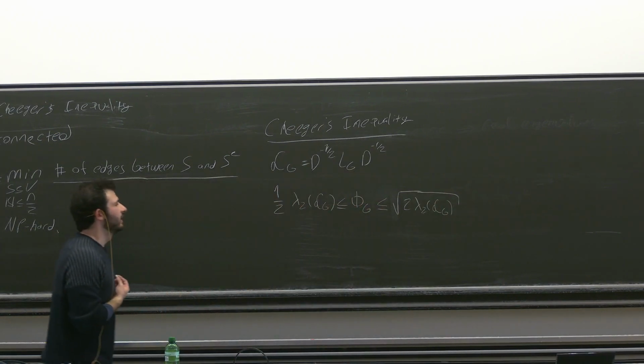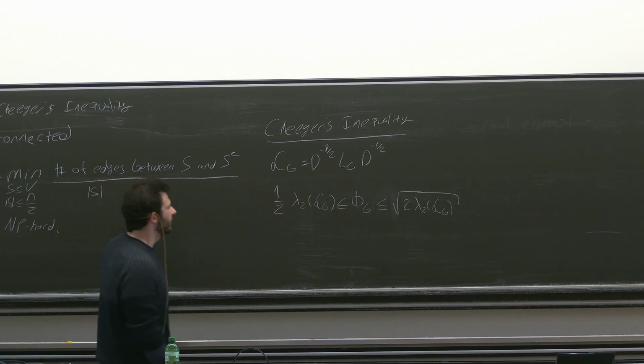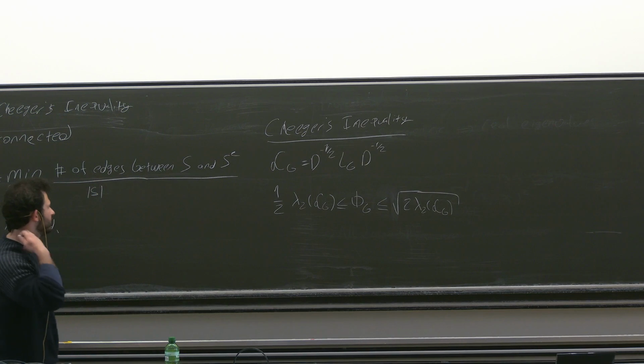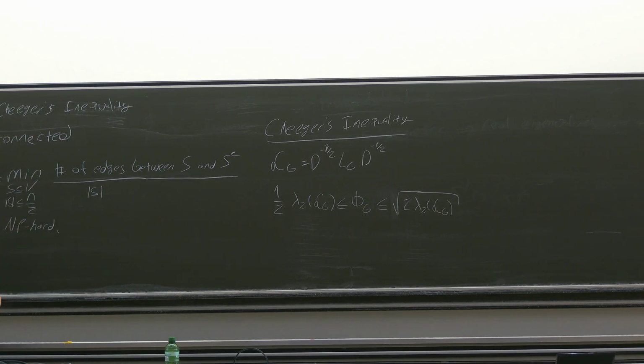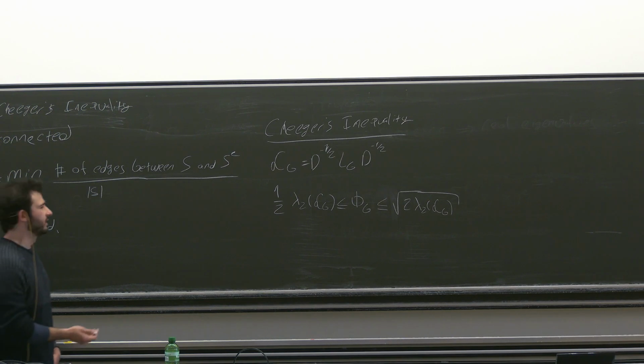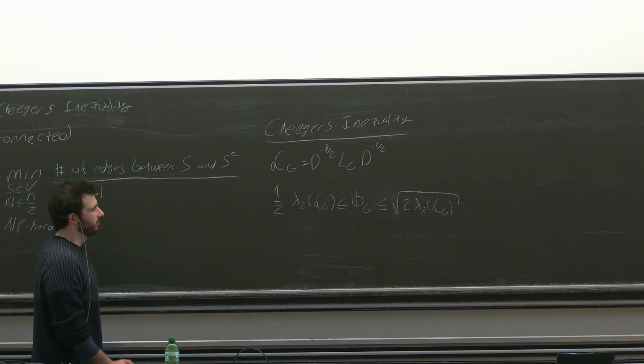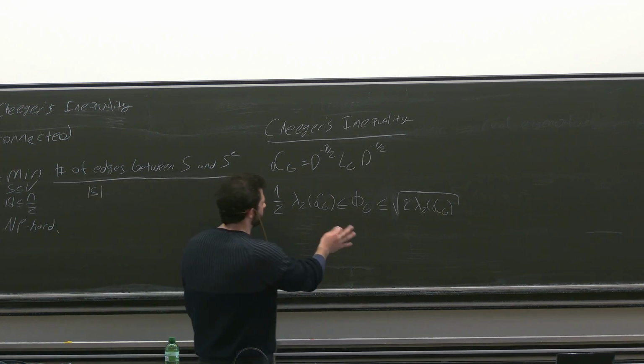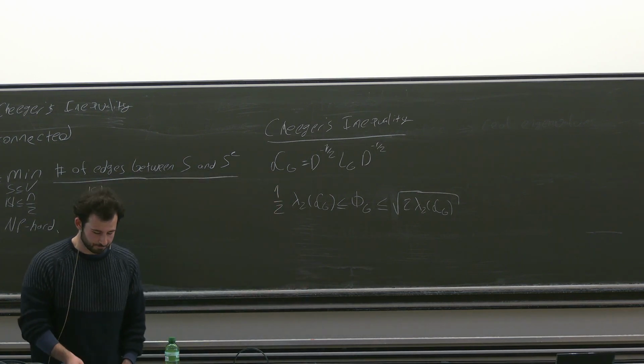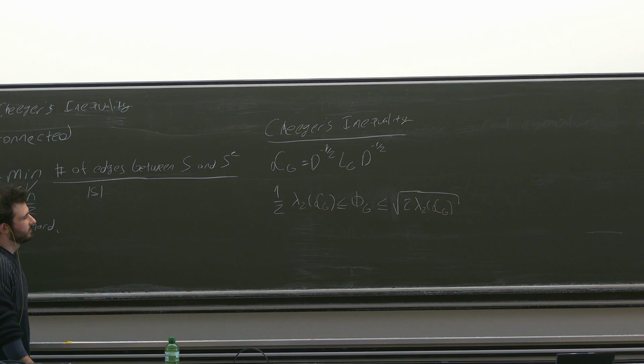Cheeger's inequality tells us that, up to a square root factor, the second smallest eigenvalue of this normalized Laplacian matrix gives us an approximation of the conductance phi G. So if we compute the second smallest eigenvalue of the graph Laplacian, we know that conductance will be somewhere between these two things. This goes to show that spectral methods are useful in cases where the problem is NP hard, and we can use them to find approximations of such optimization problems.